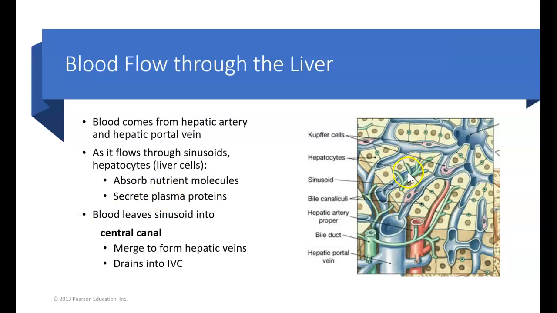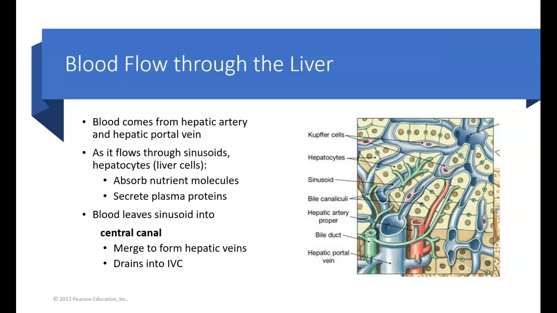As that blood flows through the lobules and the sinusoids, the liver cells, the hepatocytes, are going to absorb all of the nutrient molecules out of there, and at the same time secrete a plasma protein. The blood then is going to leave the sinusoids through the central canal and merge out through the hepatic vein, draining into the inferior vena cava, taking the blood back up to the heart.